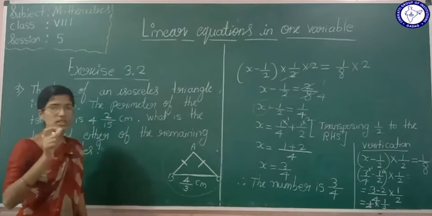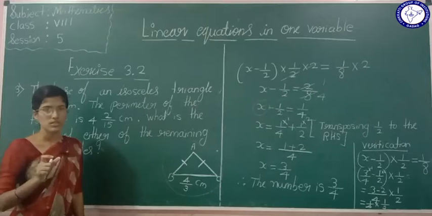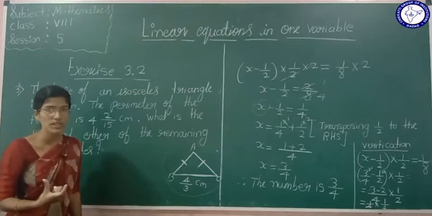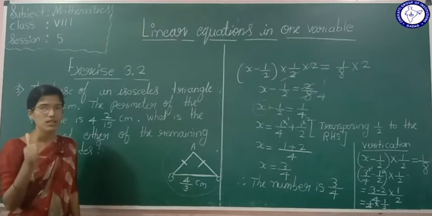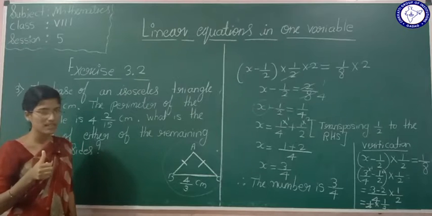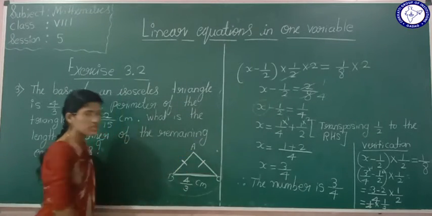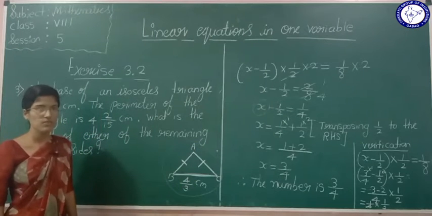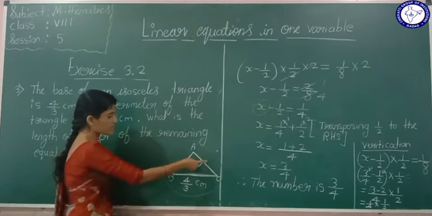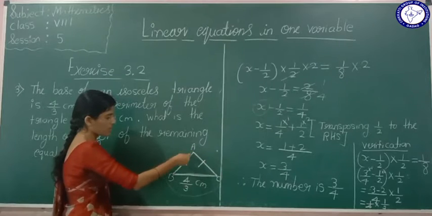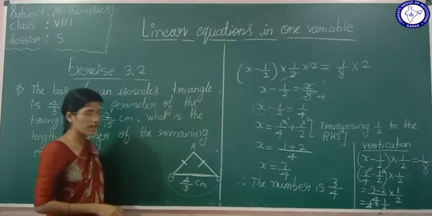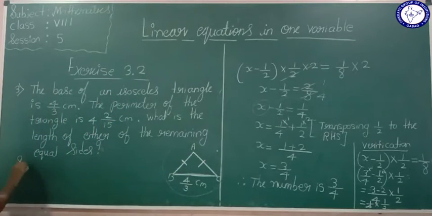See, they have given here two quantities or two data. The perimeter of an isosceles triangle and the base of an isosceles triangle they have given. We have to find out the length of these equal sides. See a solution.